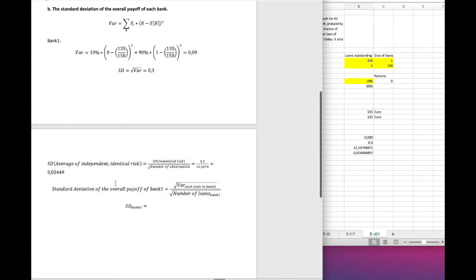This is the number that we were calculating, just to the square root of the number of loans, would be the square root of 150, which is 12.24745.